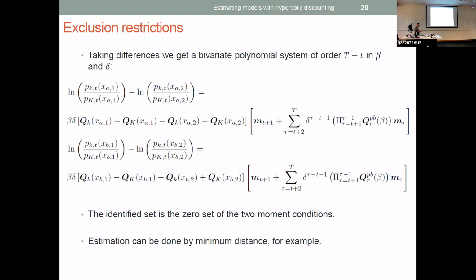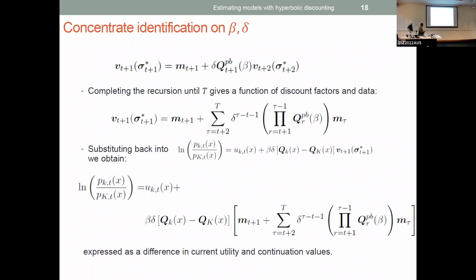Now, this is important. The next direction would be to construct exclusion restrictions that can cancel out the utility flows. You then obtain a set of conditions which are nonlinear functions of beta and delta, and you solve them.